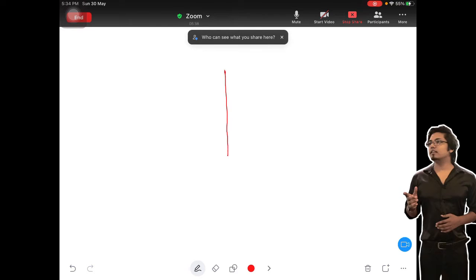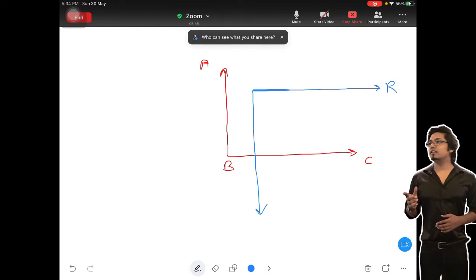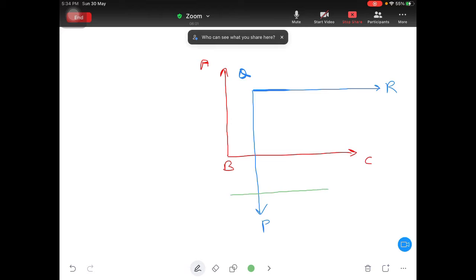This is your A, and this is your B, and this is your C, and you have one more like this, R, and this P, and this Q, and then you have like this.